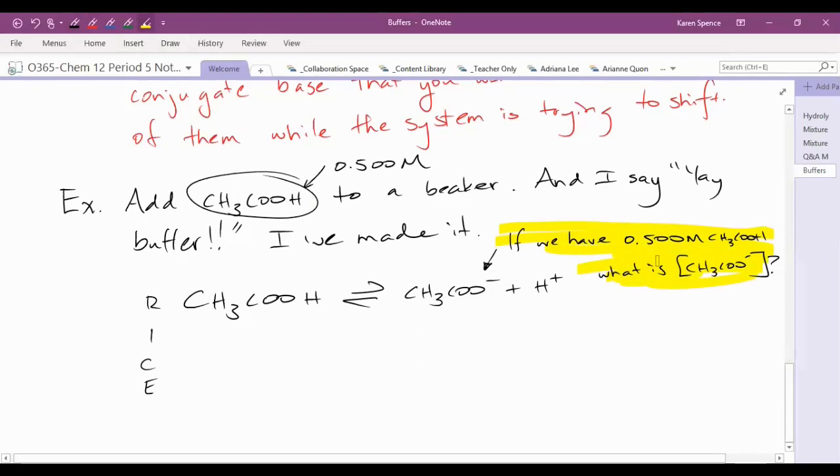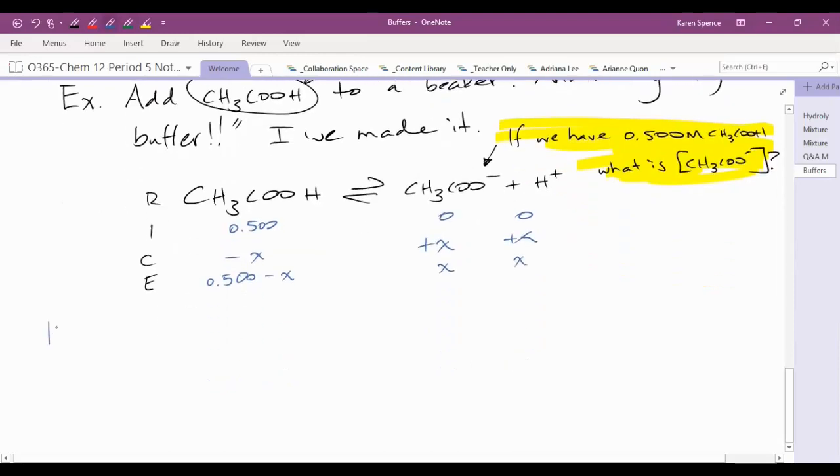We can find that using a race table. 0.500, plus x, minus x, 0.500 minus x, and then x here and x here. And of course, we then have our Ka equals CH3COO minus times H plus over CH3COOH.